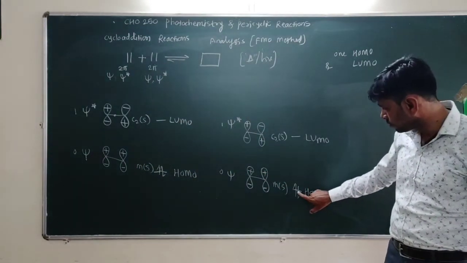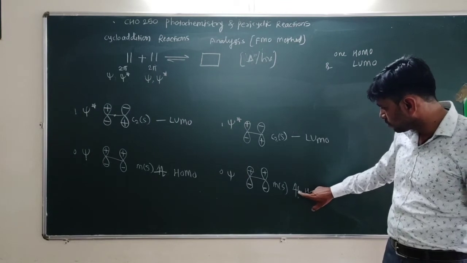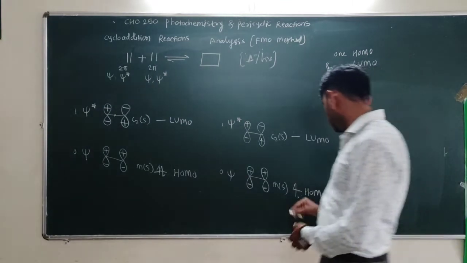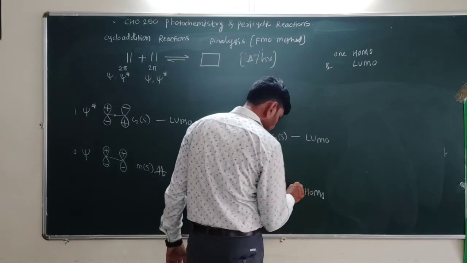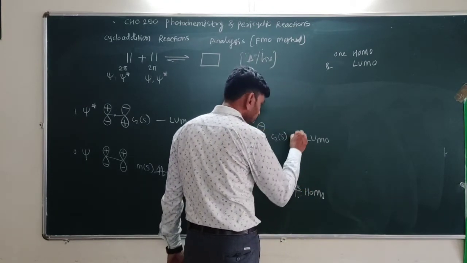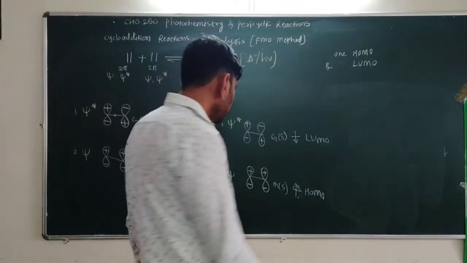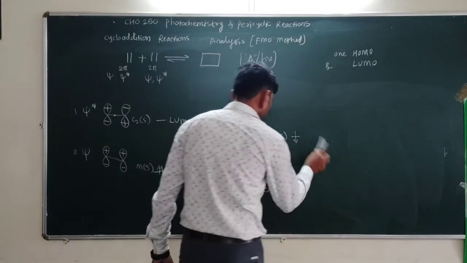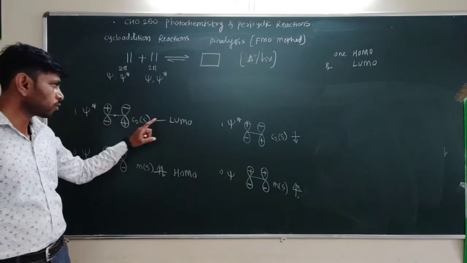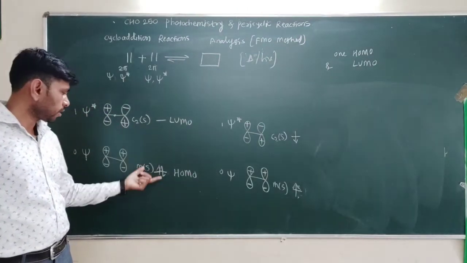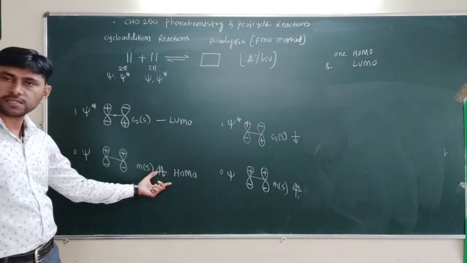That is, one of the electrons from this HOMO goes to a higher excited state, and some other molecules do not have any excitation, so they remain as they are.